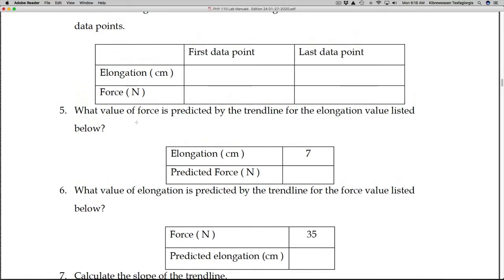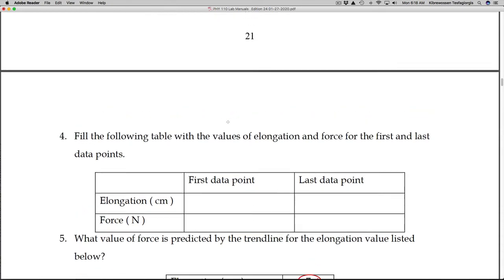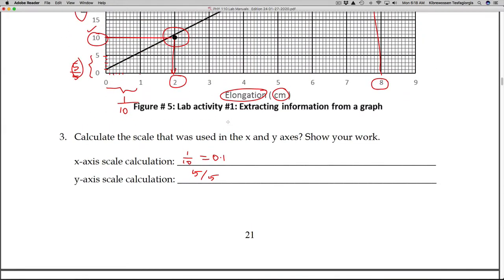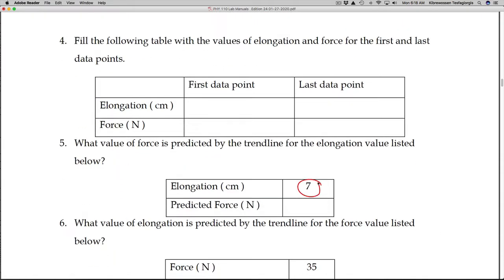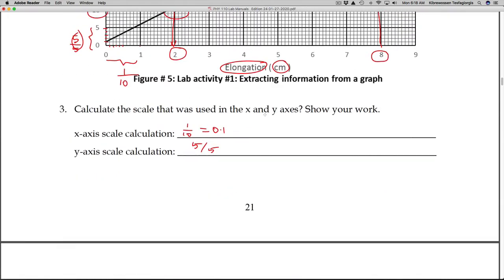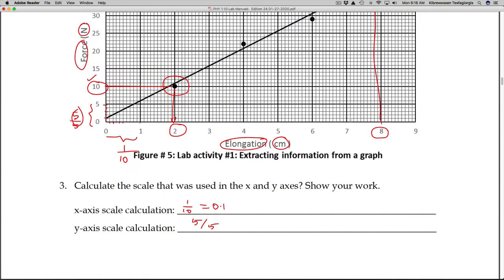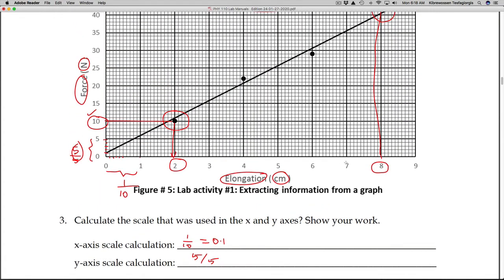Number 5 asks what value of force is depicted by the trend line for the elongation 7. As we said, elongation is on the x-axis, so you look at what number you are referring to: 7. You come to 7, right here.